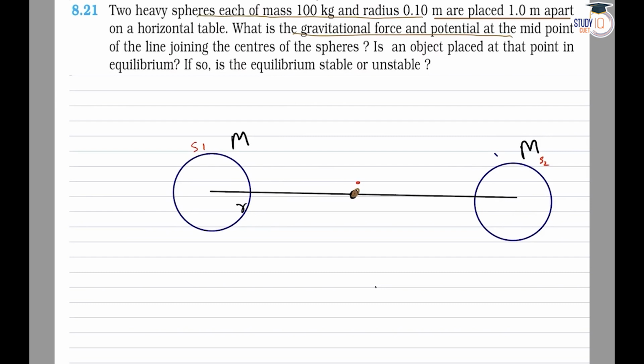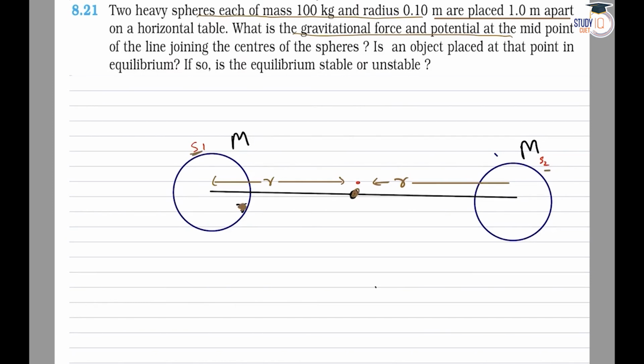If this separation is r, then this distance would also be r. Let us assume that this is sphere S1 and this is sphere S2.